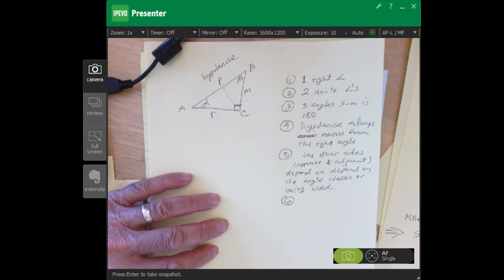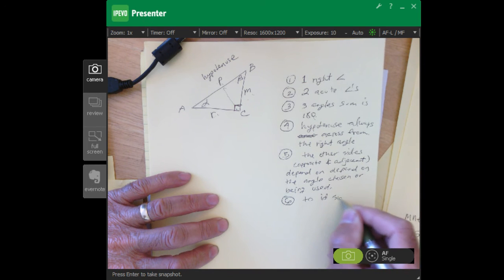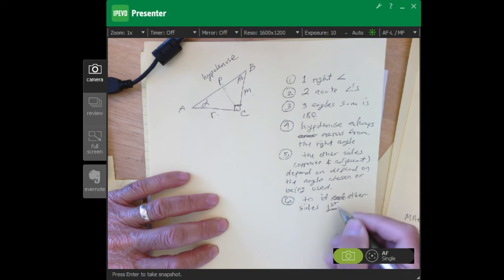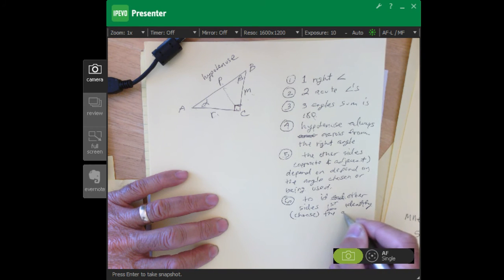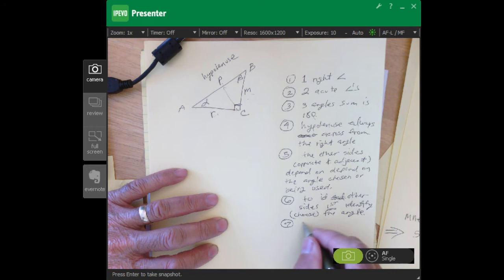So the first thing you need to do to identify the other sides is first identify or choose the angle.